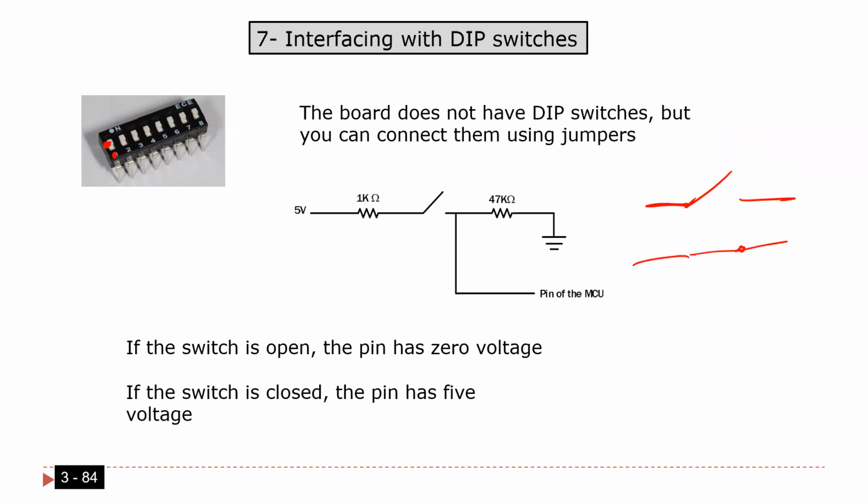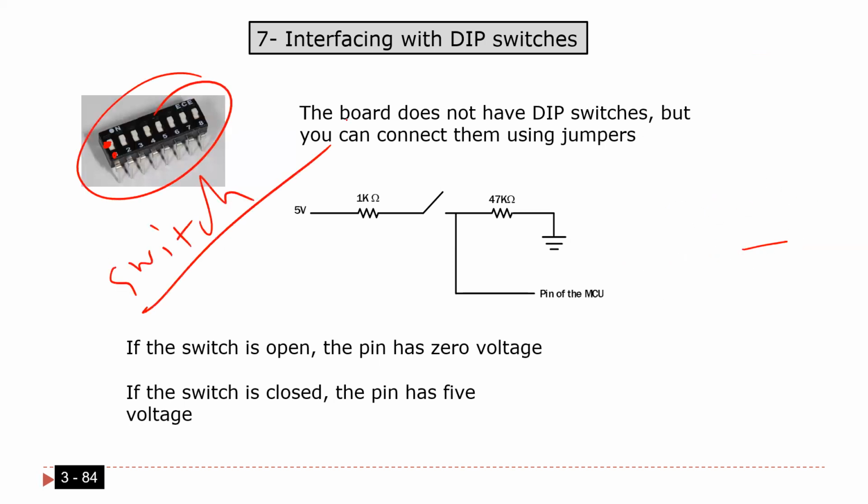So for sure they are different, and the way I have to program them, or the way I have to use them, is going to be somehow different, as I'm going to explain. So I'm going to call this one a switch. Unfortunately, the people who made the board also use the word switch for push button. I just want to differentiate between them, so I'm going to call the other one a push button.